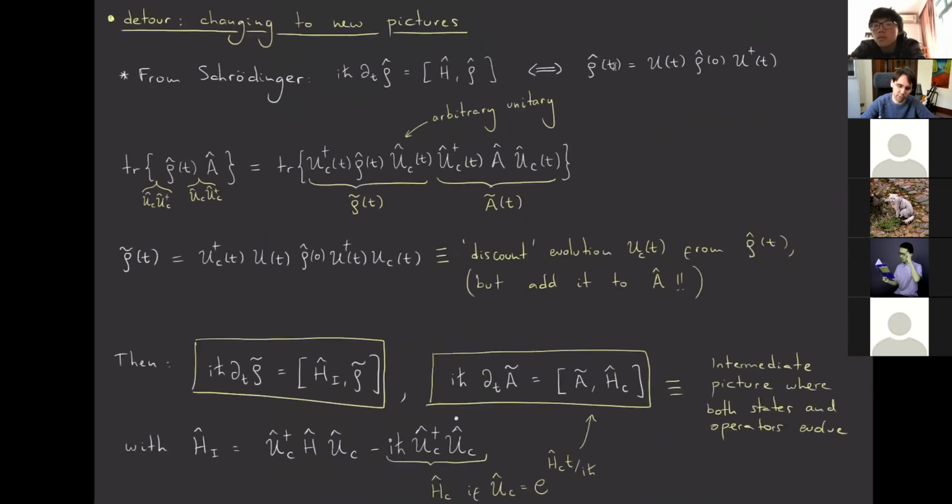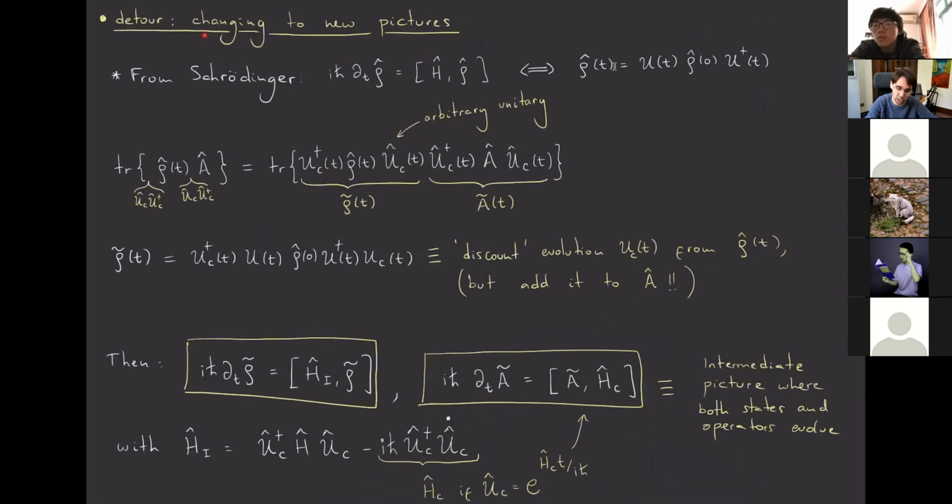I remind you that we saw as well how to change between pictures. In particular, we saw that you can always define an arbitrary unitary transformation, which can be time dependent, and then you can move to a picture defined by that unitary transformation in which there is a new state, just the state that you had transformed by the unitary, that will evolve according to a new Hamiltonian in that picture.